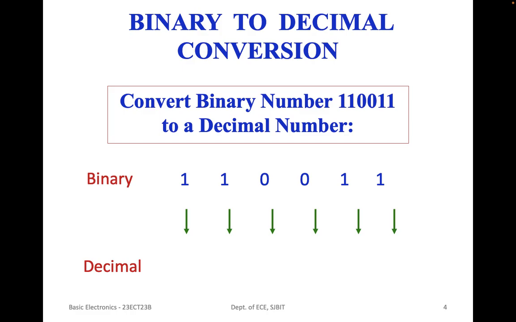Code converters are digital circuits or algorithms designed to translate the data representation from one format to another format. Here we will go through binary to other codes, and similarly, the other code conversions to binary. Binary to decimal conversion.